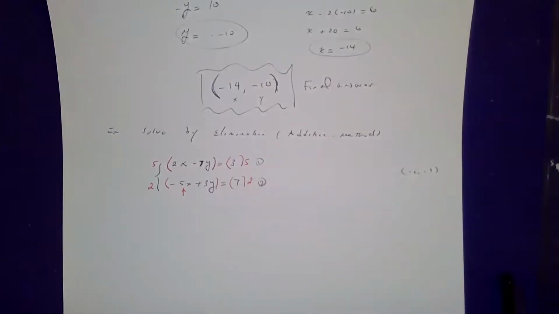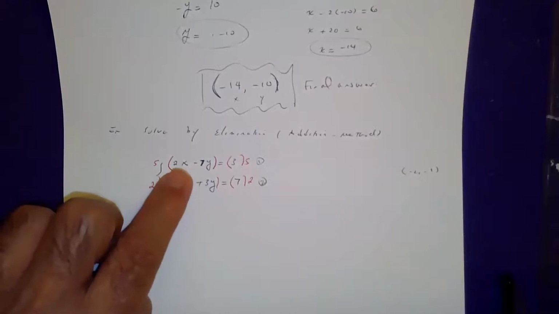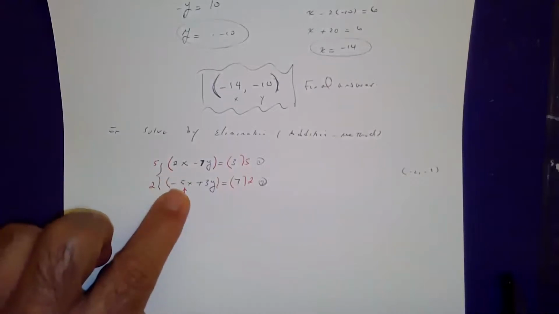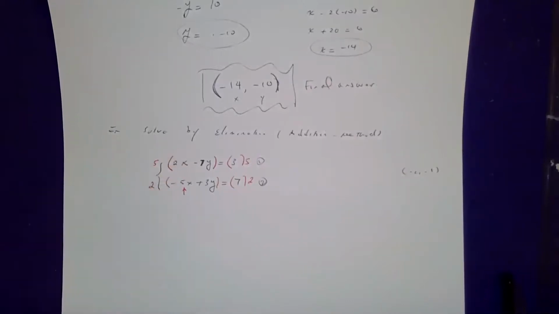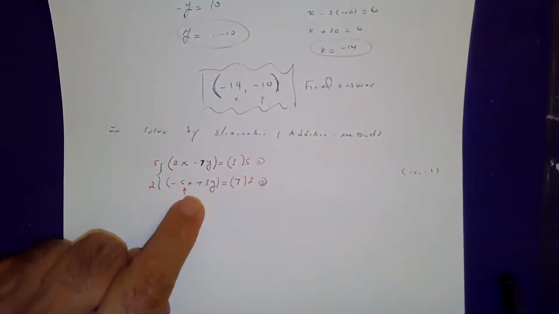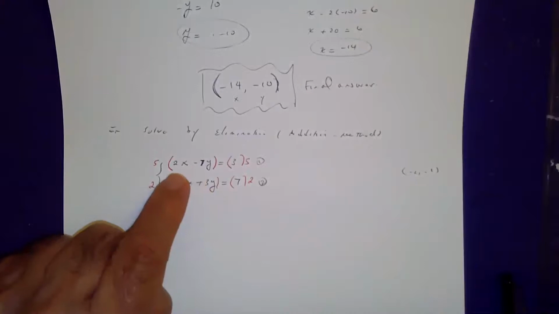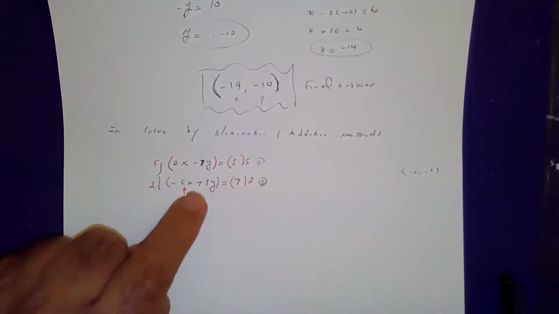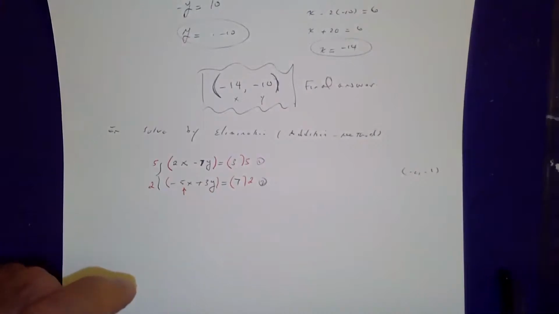So that way, when I multiply 5 times 2 is 10x, 2 times -5x is what? -10x, so the x's when I add the equations add up to 0. You could have eliminated the y's, multiply the top both sides, let's say by 3, multiply the bottom by, let's say, 7, and there you can eliminate y's.